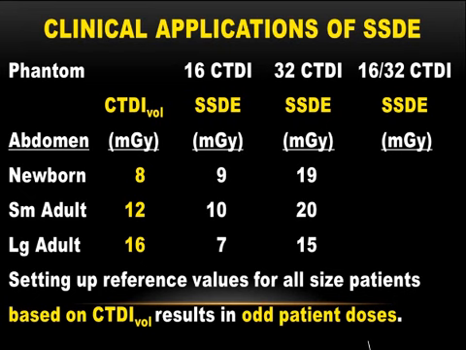And if I've got a CT scanner that switches between phantoms as the patient gets larger, I might have 9 and 10, the 16 CTDI numbers for my small adult and my newborn, and for the large adult, I'd be using the 32 centimeter CTDI phantom, and those numbers just don't make any sense, and I don't think we're doing any service to any of our clinical colleagues by expecting them to believe these kinds of numbers.